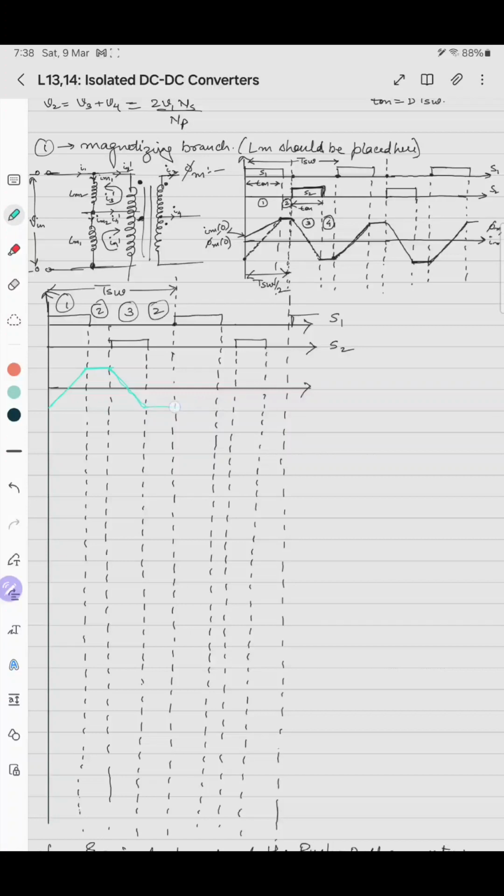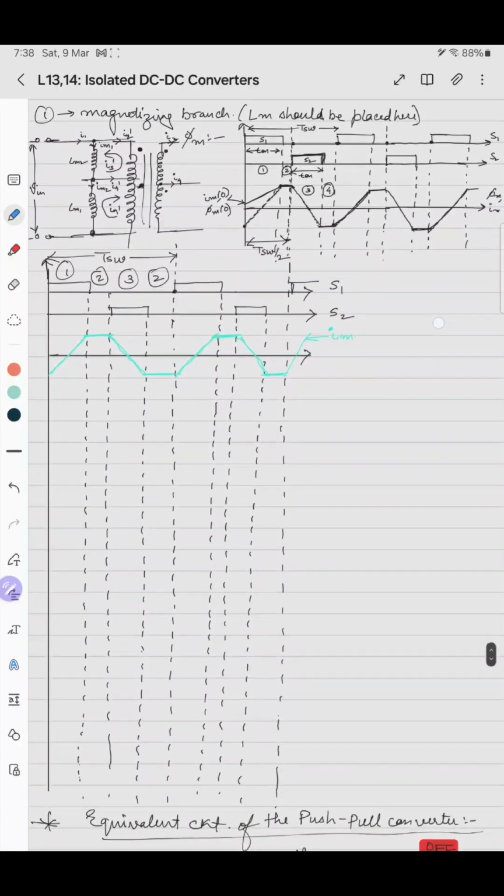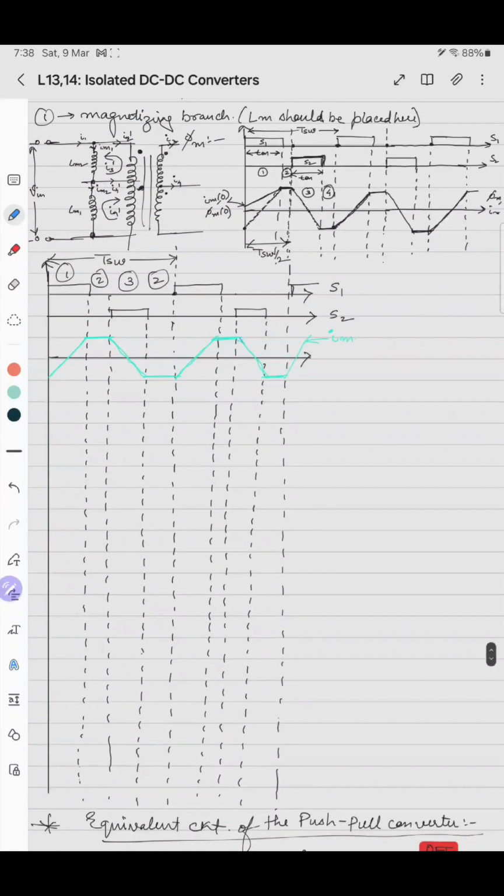Case 3, then again constant. Again rises. Constant. Falls. Constant, and again rises. This waveform belongs to IM. The other waveform is of IL. The slope of this IM waveform gives the overall LM.